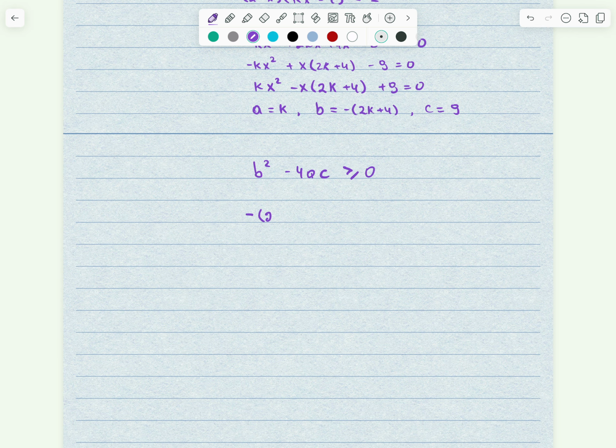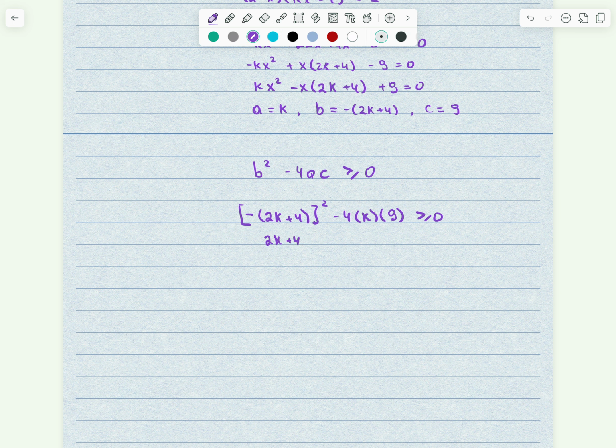Which tells us (2k plus 4) all together squared minus 4 times a, which is k, and times c, greater than or equal to 0. And then if I square this, I don't need to write the negative sign over here.